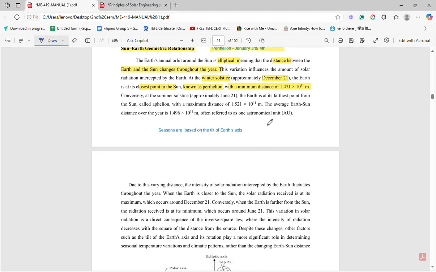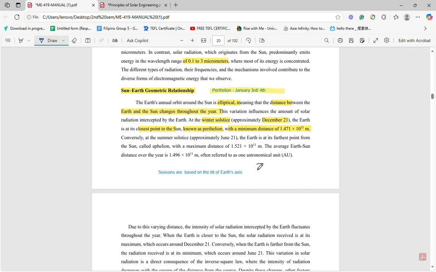Kasi 'di ba, if we draw the solar declination angle like in our discussion, so for example, this, then nandito here is the Sun. As you can see, it's tilted. Though the position of the Earth is nearest to the Sun, the Earth is tilted backwards, so it has a lesser daylight time.